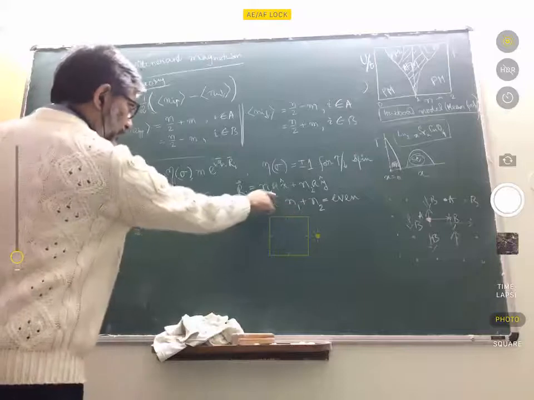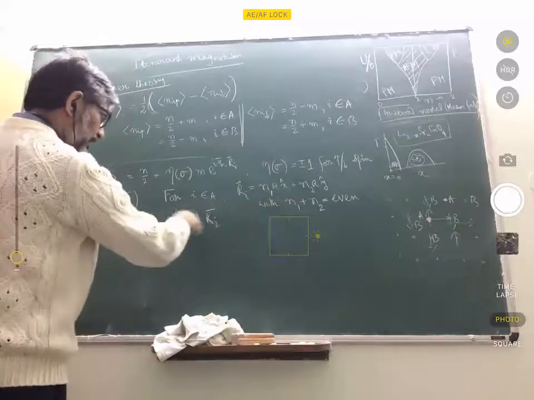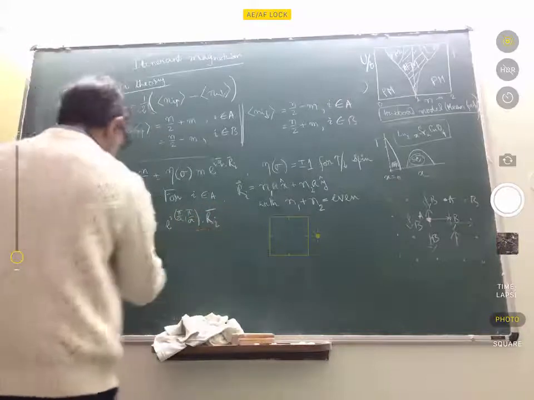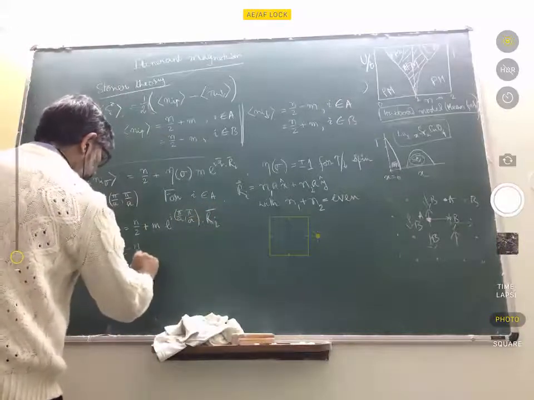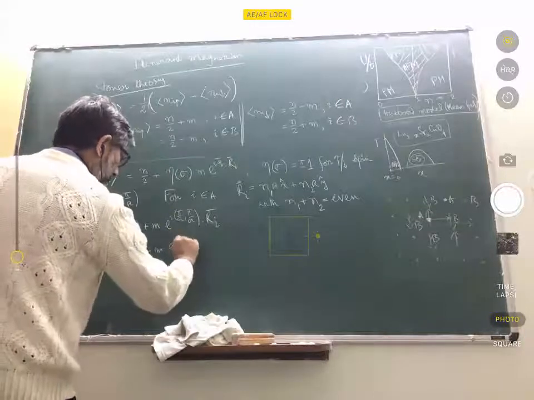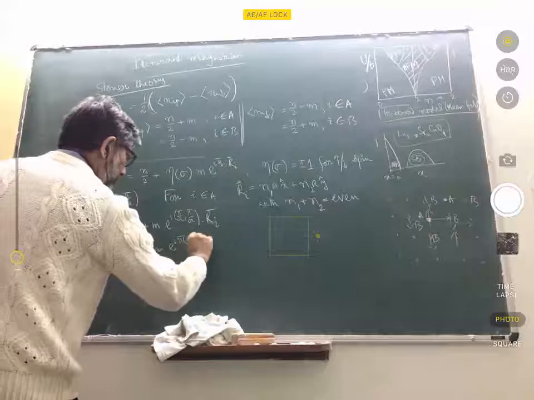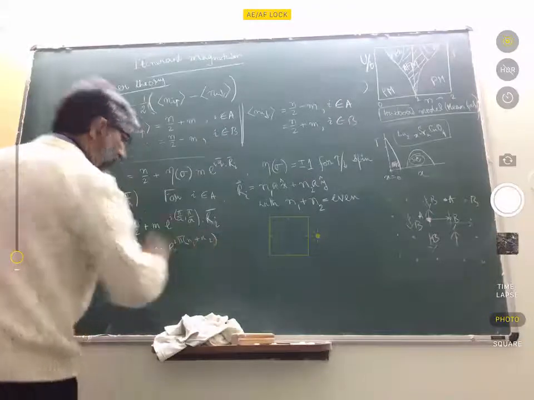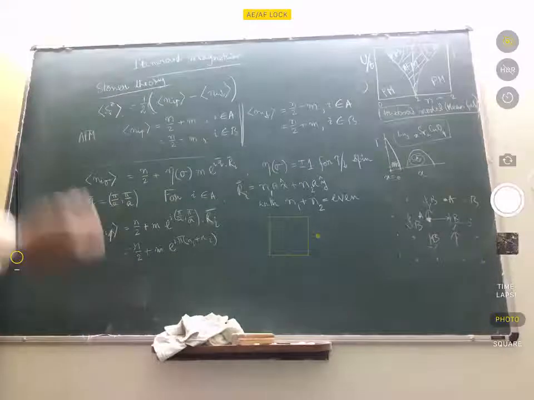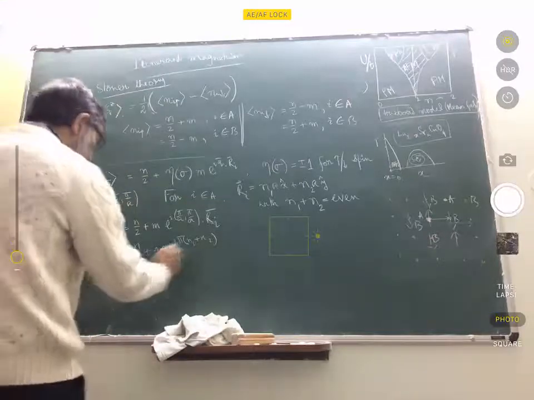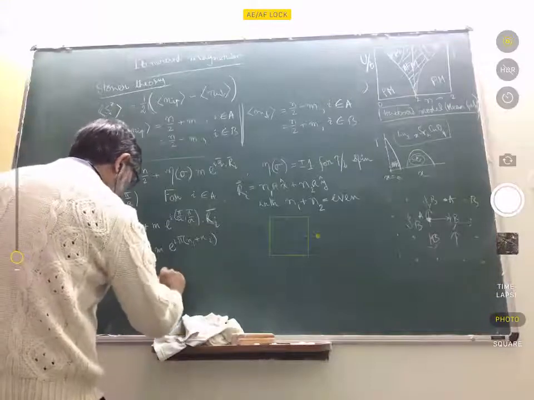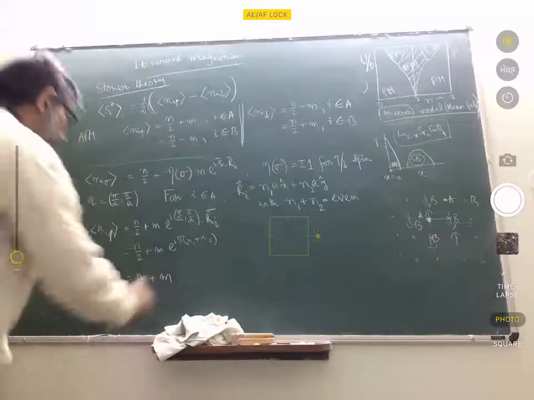Now what will I get here? The a's will cancel. Apart from a factor of pi, I'll get n1 plus n2. But n1 plus n2 is even when i is on the A sublattice. So this will give me 1.